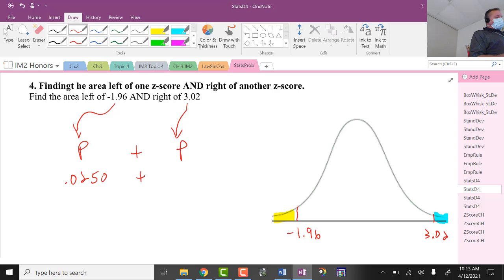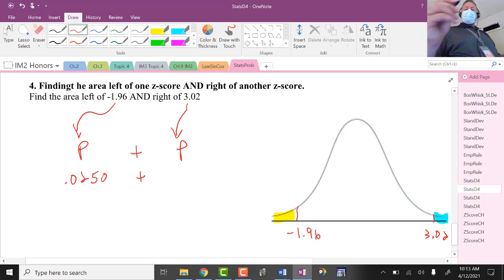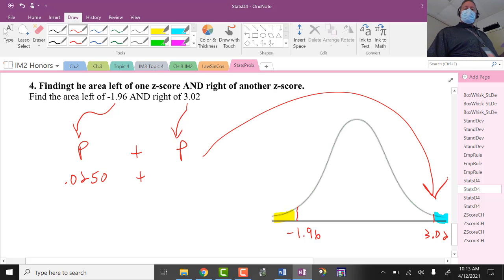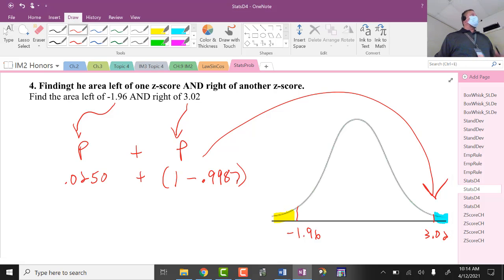Notice how 3.00, 3.01, and 3.02 are all exactly the same. It's just how it happens. But what do I have to do to find this area? What do I have to subtract from it? It has to be in these parentheses: 1 minus 0.9987. You can go ahead and calculate that. I'm not teaching. If you type that in the calculator, you just have to be careful not to make mistakes. Okay? Good enough. Now go ahead and start your homework, and I'll go ahead and compose this video.